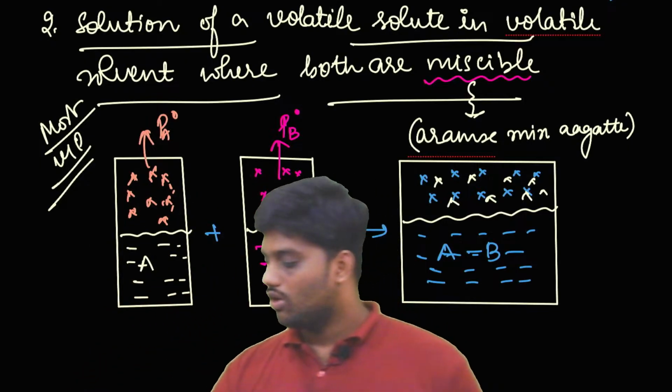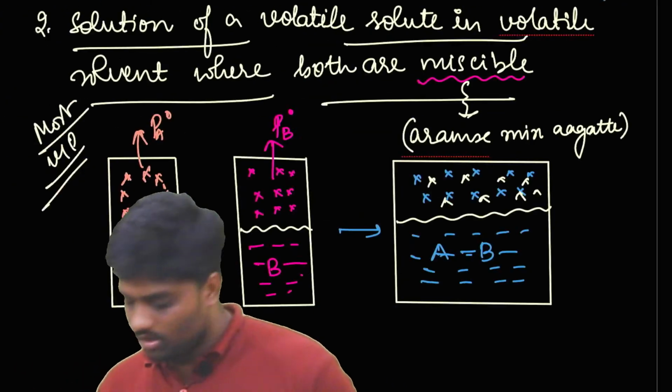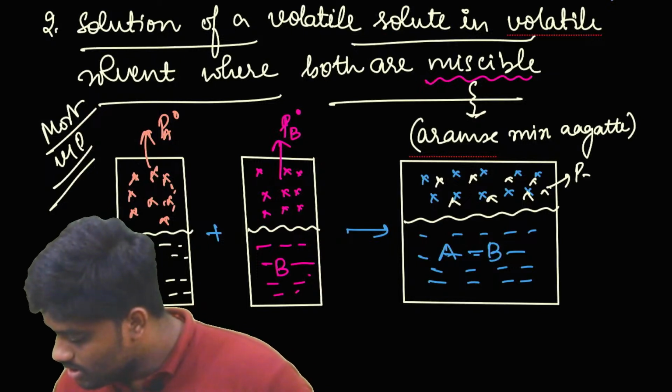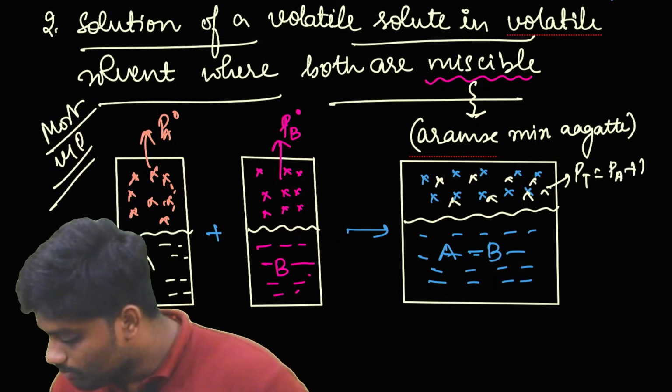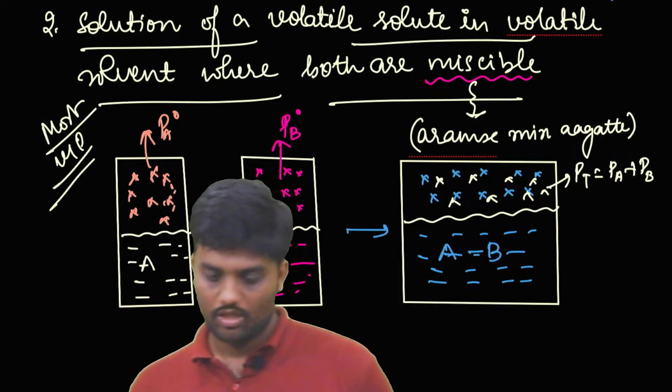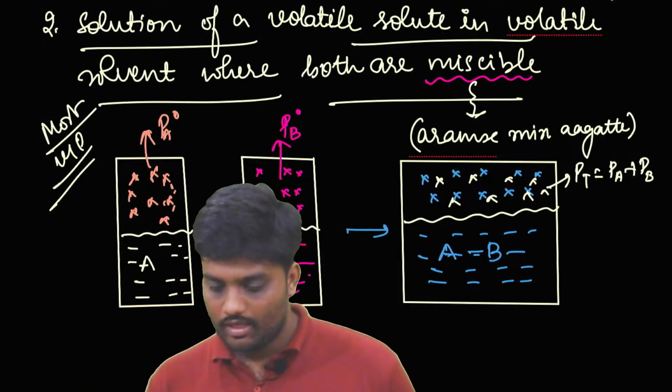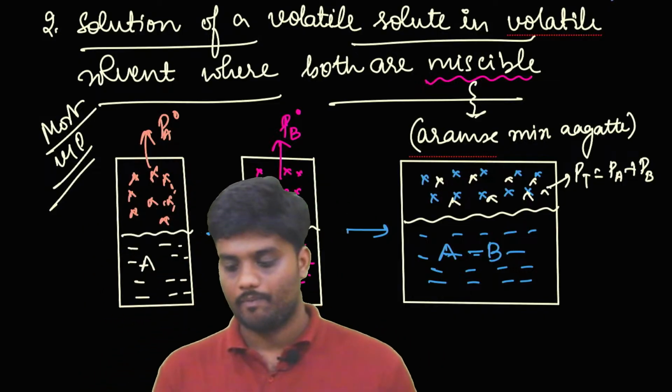So total pressure from here is equal to PA plus PB.